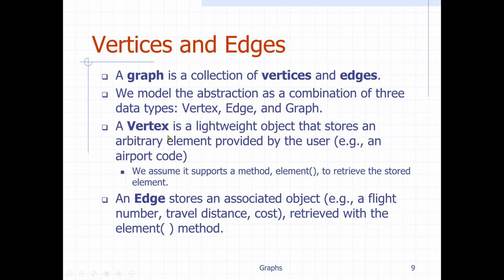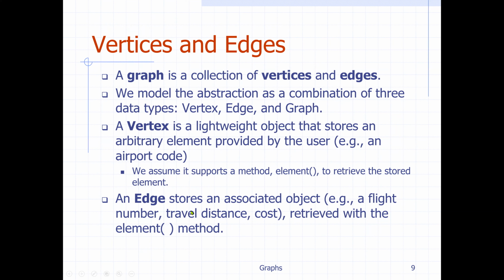So a vertex will be the lightweight object that stores an arbitrary element provided by the user. An example can be an airport code, as we saw earlier. Also, we assume it supports a method element to retrieve the stored element.